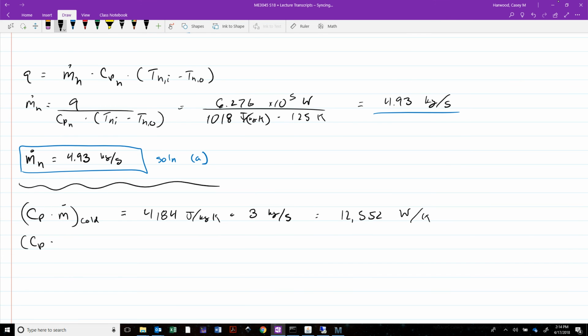And Cp dot m dot for the hot fluid is going to be equal to 1018 joules per kilogram Kelvin times that 4.93 kilograms per second we just figured out, which should work out to 5018.74 watts per Kelvin.